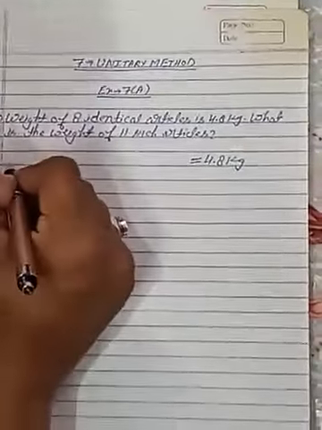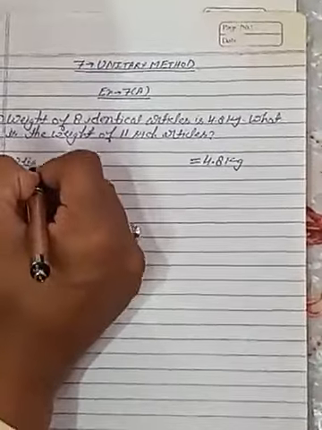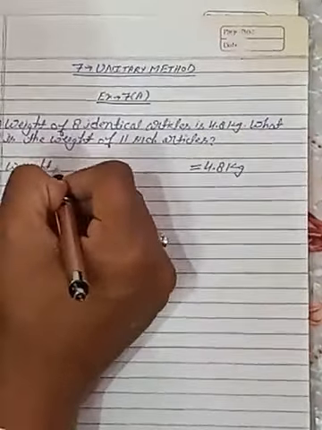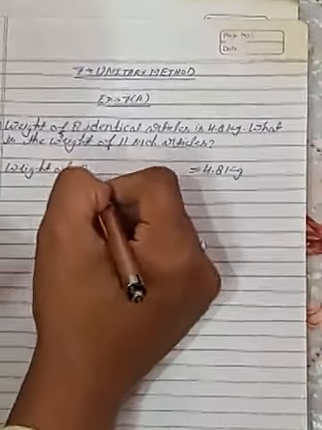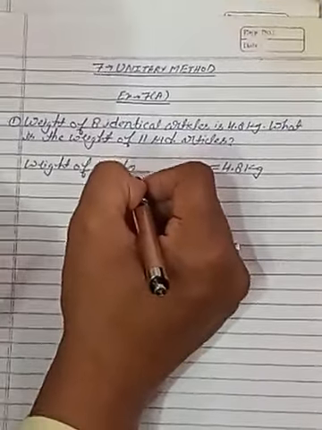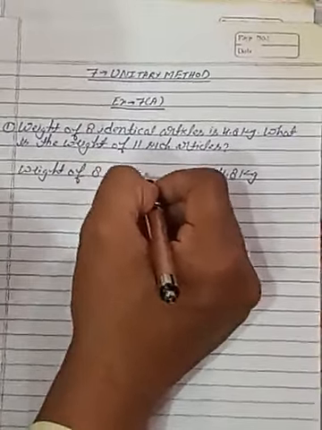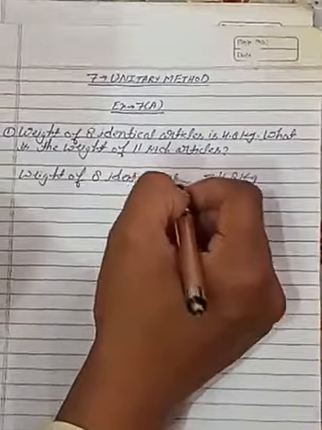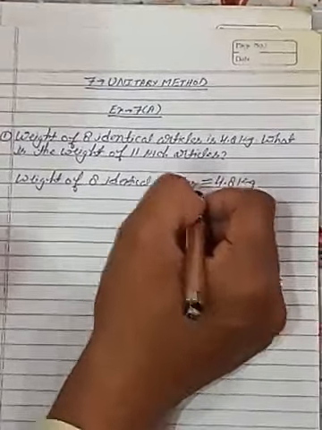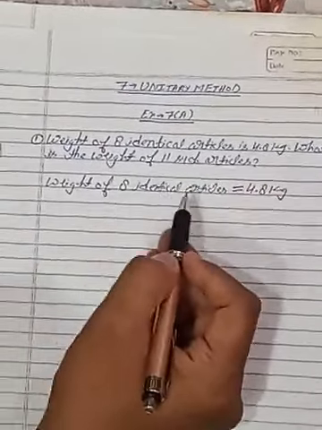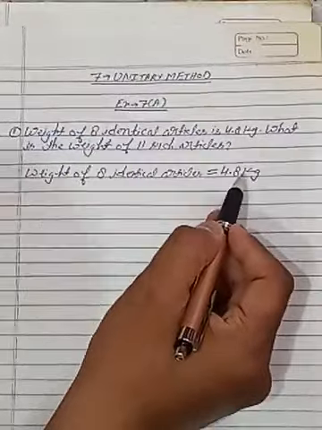What is 4.8 kg? It is the weight of 8 identical articles. So the weight of 8 identical articles is equal to 4.8 kg.